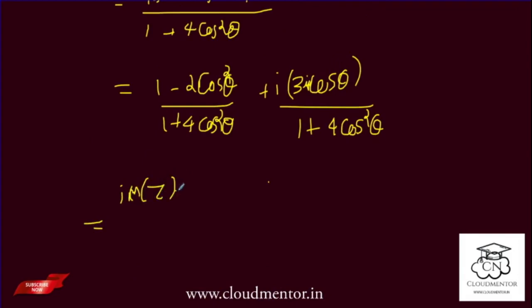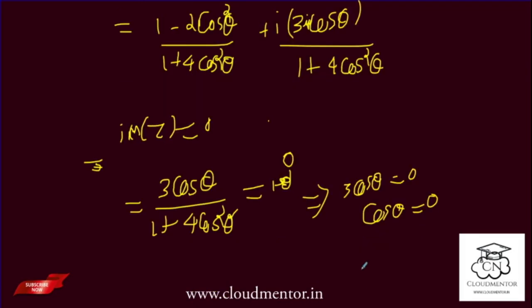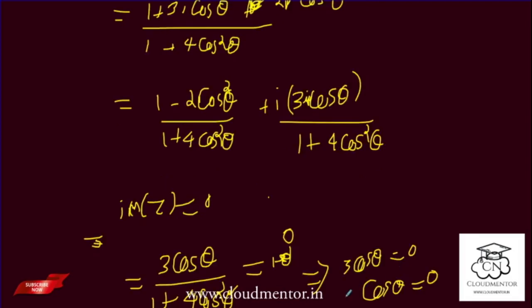That means 3 cos theta divided by 1 plus 4 cos square theta must be equal to 0. That means 3 cos theta equal to 0, or cos theta equal to 0, which implies theta will be equal to.